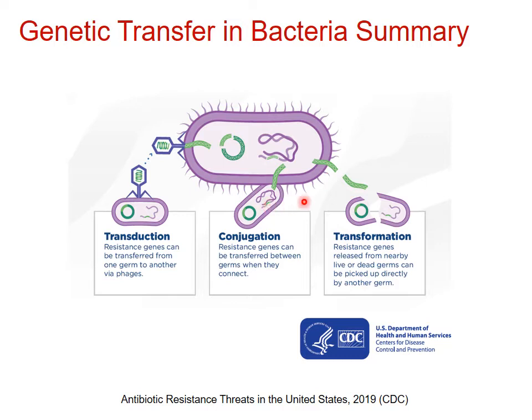And then transformation, where bacteria die all the time, and when they die, they eventually break open, and their DNA gets released and is just laying around in the environment. Some bacteria take that DNA and bring it into their cell and incorporate it into their own genome. If those happen to be antibiotic resistance genes, then the recipient bacterium, this one up here, can take those genes and use them to its own benefit.